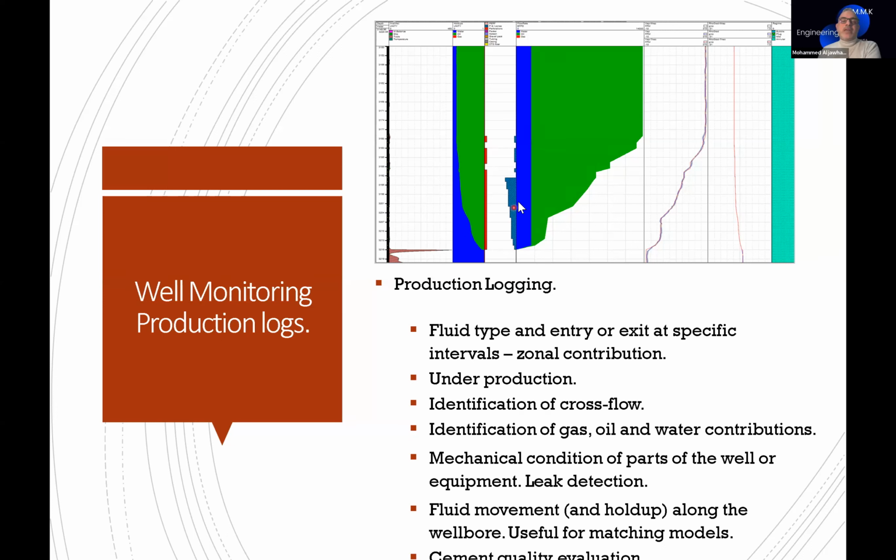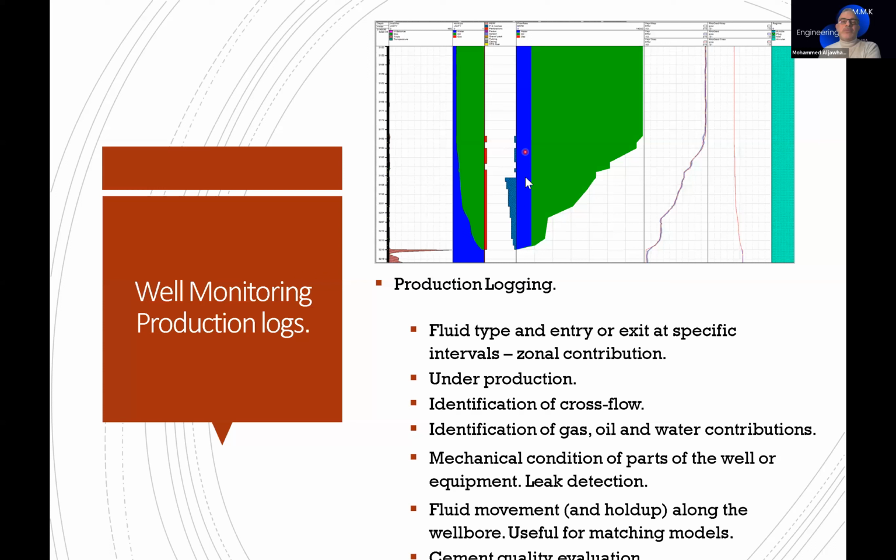The other part of field monitoring and well monitoring is that we can take it from the production logging: the fluid movement inside the wellbore. What type of fluid? What are the densities? What is the hold-up factor?